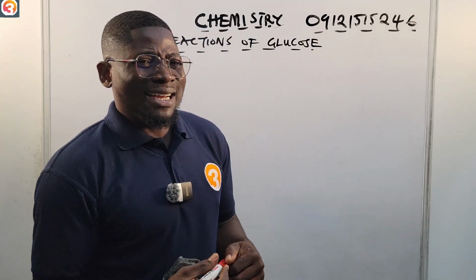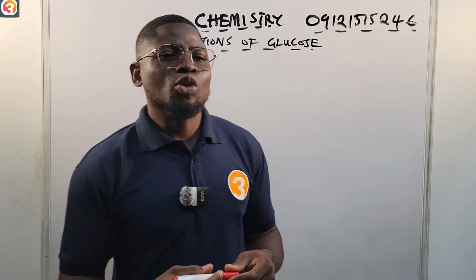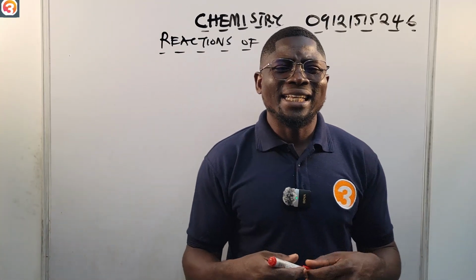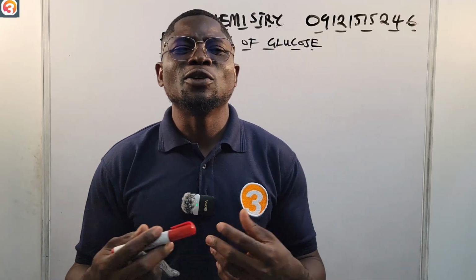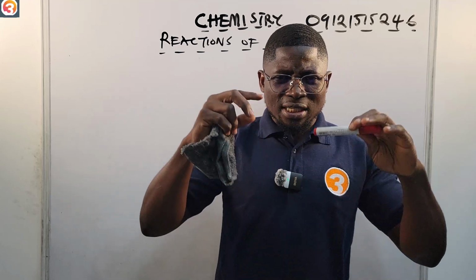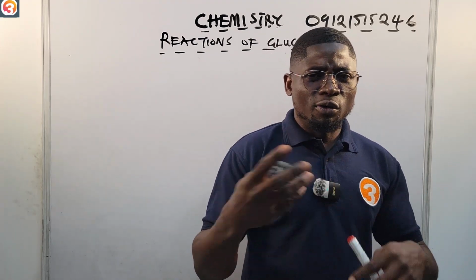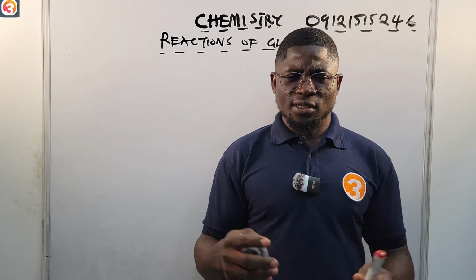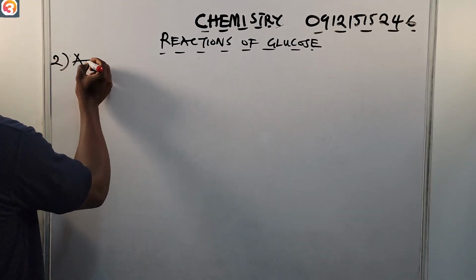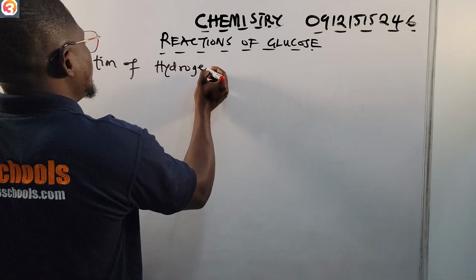You are testing for the number of carbon atoms present in glucose, or you are testing if glucose has a carbonyl group in its formula, or you are testing if there's an alcohol present in glucose, and so on. We are going to see most of the tests now. They will point us to one of these reasons. So let us continue. Number 2, we're going to look at the action of hydrogen iodide.